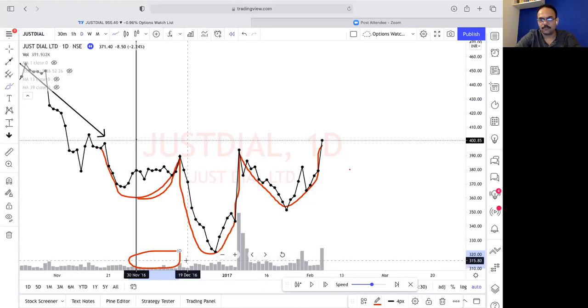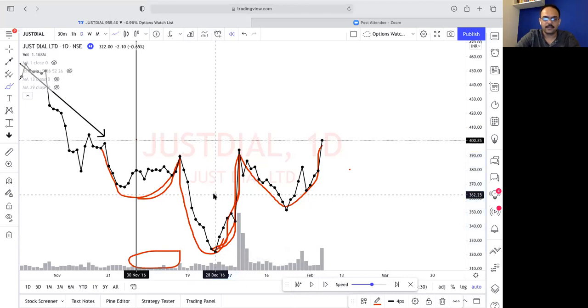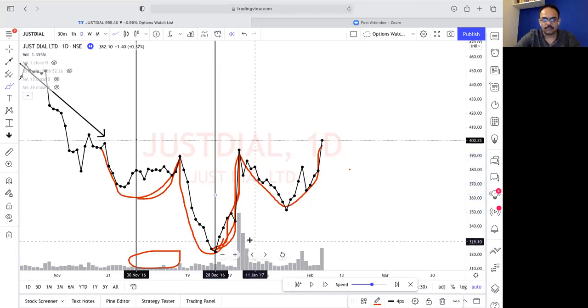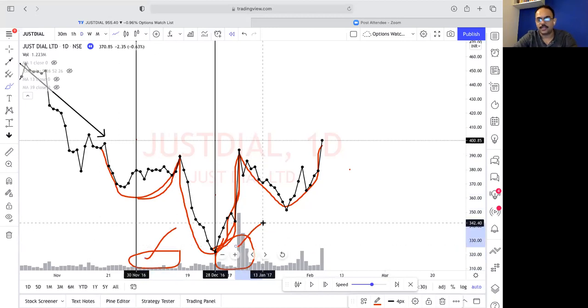Can I have a yes from all of you? Yes. When it is going from here to here, this half, can you see the volumes here have increased compared to this volume? This volume is higher. How many of you can observe this? Right? So it started tapering.